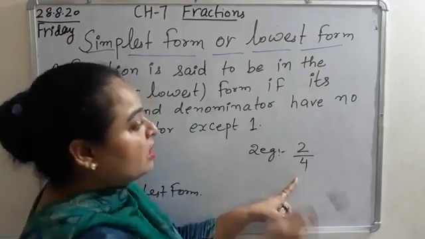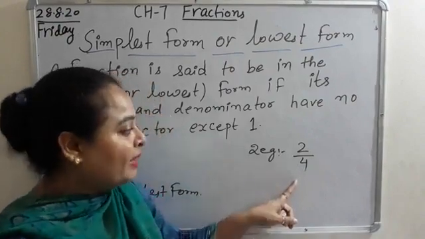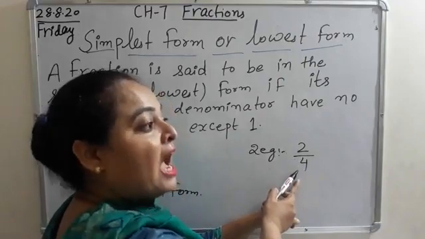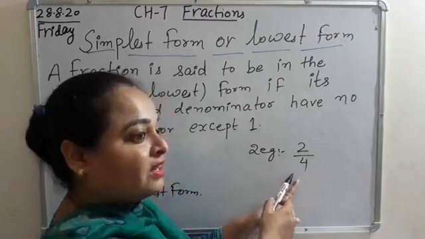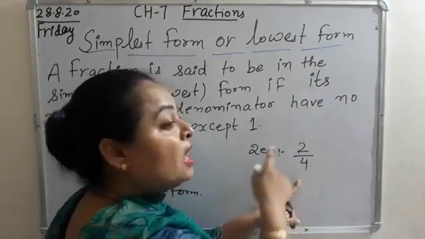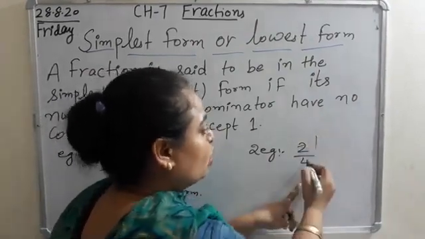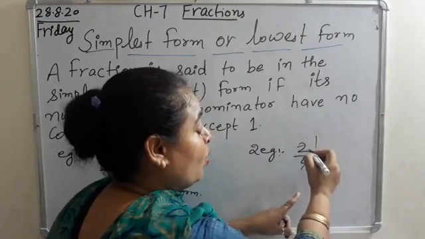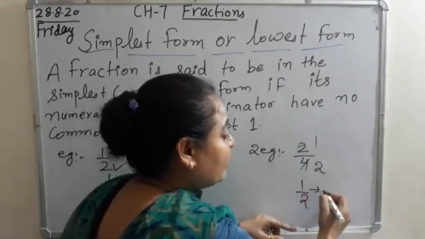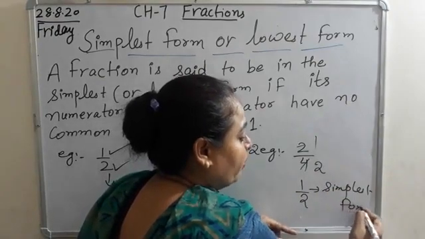I am repeating, 2 by 4 is not the simplest form because 2 and 4 have common factor 2. Now to change this to simplest form, we will make the cancellation. 2 1s are 2, 2 2s are 4. After cancellation you will get 1 by 2 and this 1 by 2 is the simplest form.